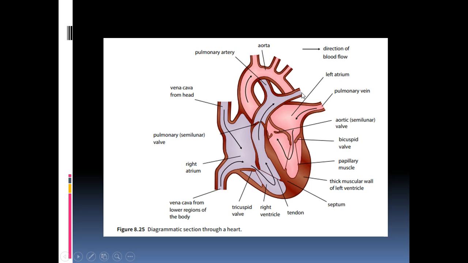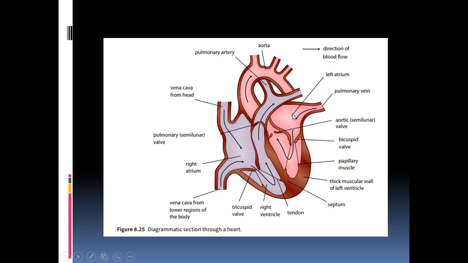From the lung, once the gaseous exchange has taken place and oxygen has been replenished, blood will move back to the heart through pulmonary vein, and from pulmonary vein it will go to the left atrium.